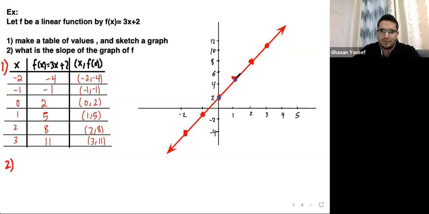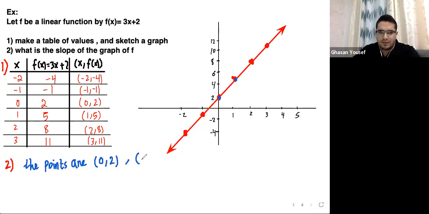The points that I chose are 0, 2, and the second point 1 and 5 from the graph. This point and this point.